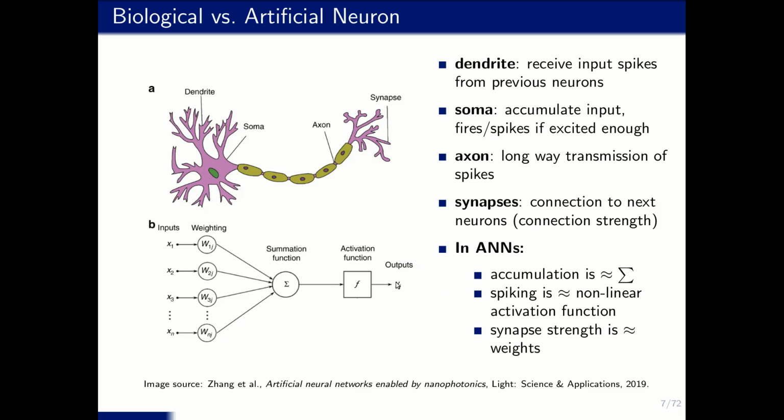This is a very coarse and continuous approximation of real biological neurons. We still don't know much about the brain, and not even how single neurons really work. So this must be taken with a grain of salt, as it's a very coarse approximation of what's really going on in biology.